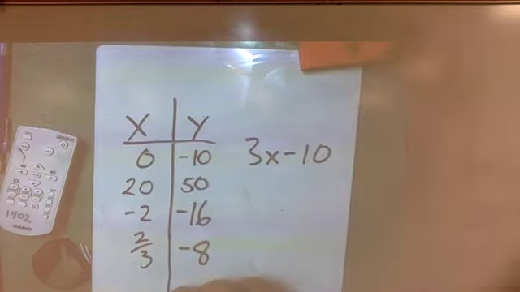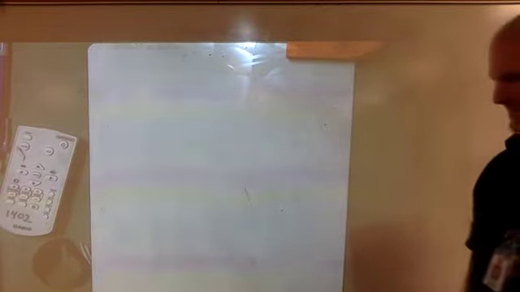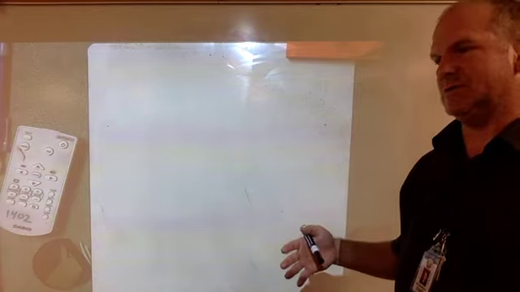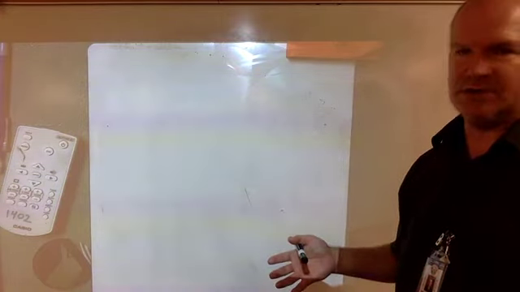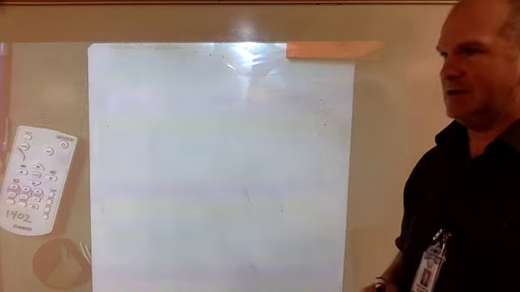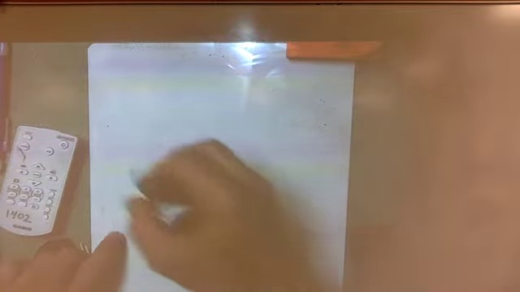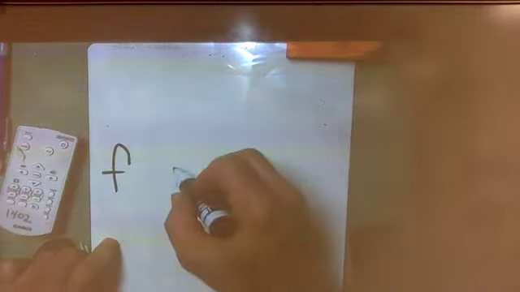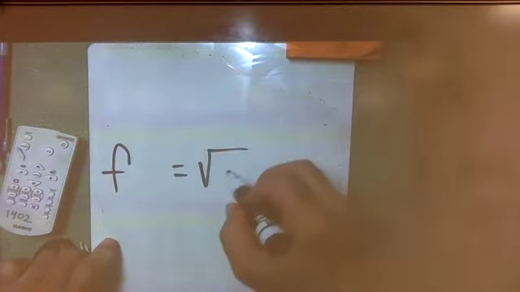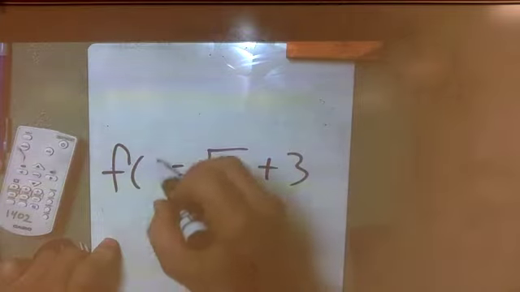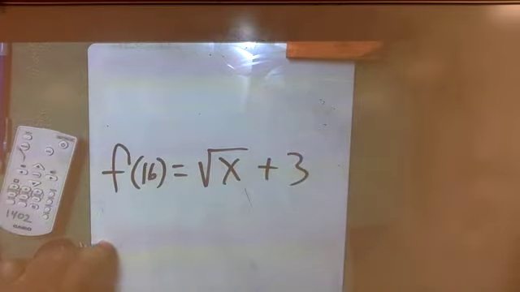Okay, there's really nothing else new to show you except to practice inputting into some more difficult equations, namely ones that have square roots in them. So let's say we have the function square root of x plus 3, and they want you to evaluate that for 16.